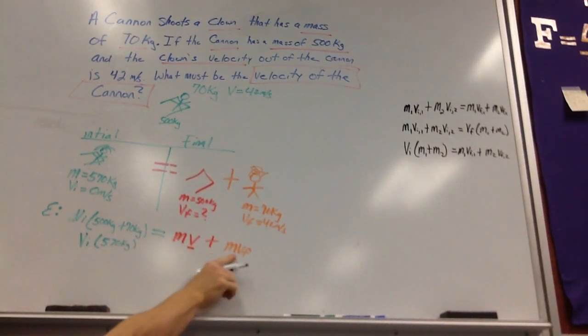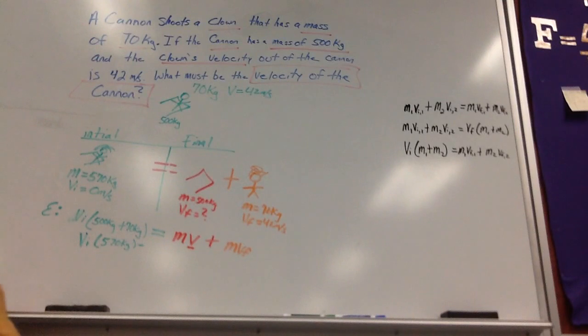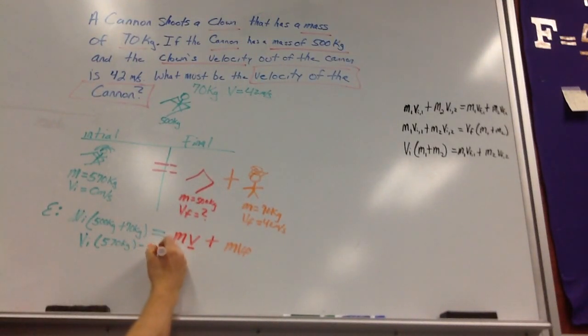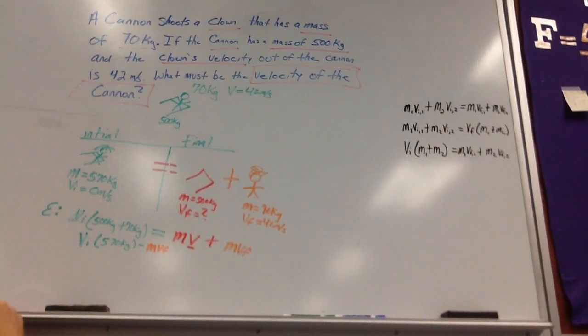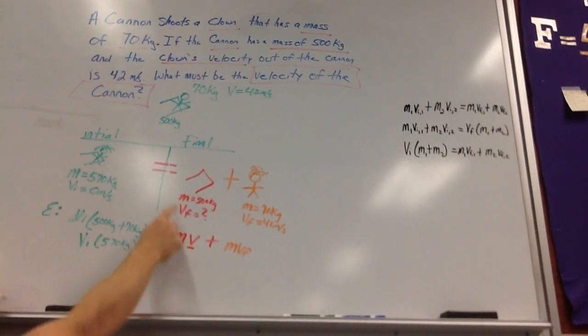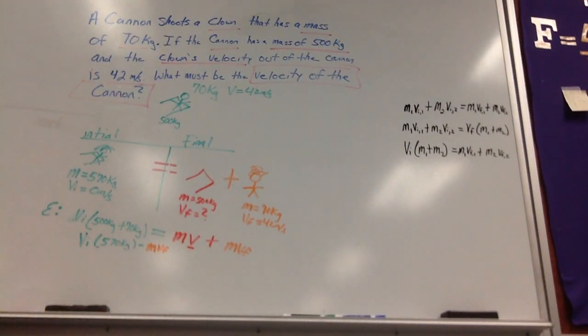And we're going to subtract this mass and velocity, so I'm subtracting MVF. And then to get this velocity by itself, I'm going to divide by this mass. Notice it needs to be in red. So I'm going to divide by this red mass, and it is going to equal our VF.